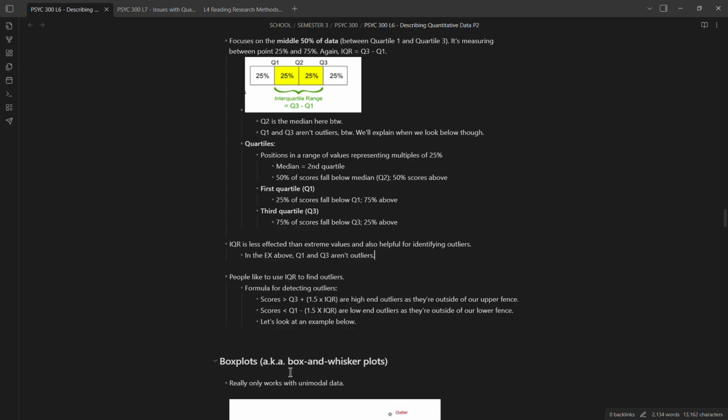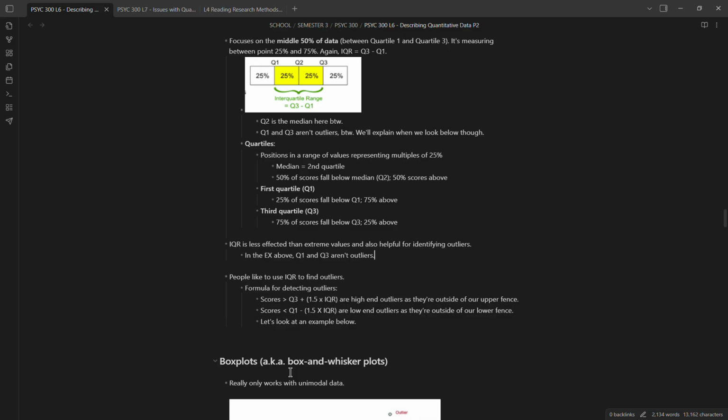So we have all of this foundational understanding. Let's use it. People like to use IQR to find outliers. The formula for detecting that is: scores that are greater than the third quartile plus, in brackets, 1.5 times the IQR are high-end outliers, as they're outside of your upper fence.